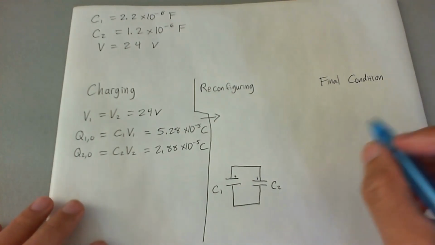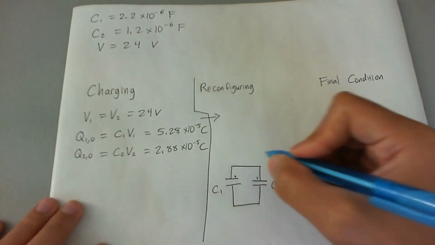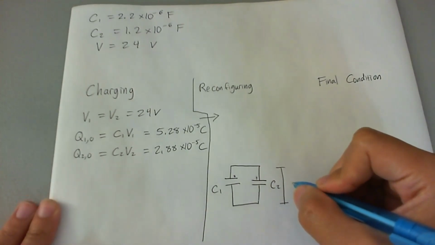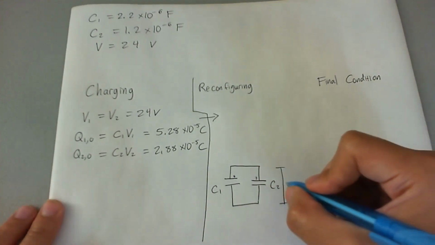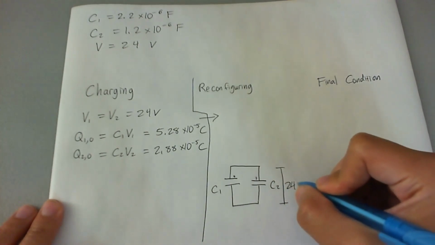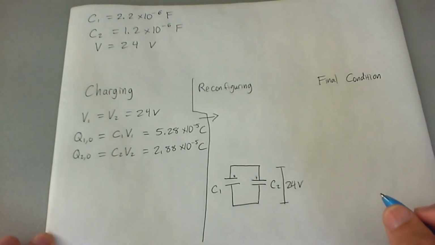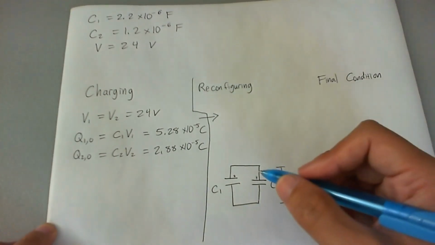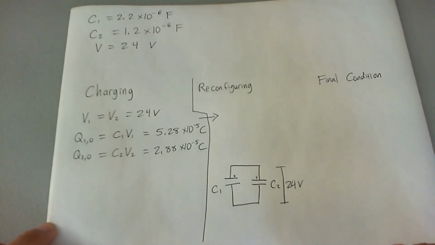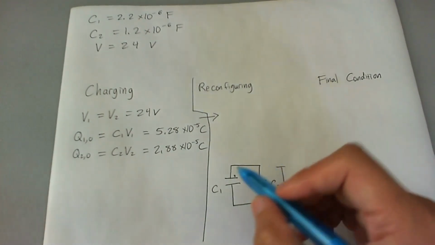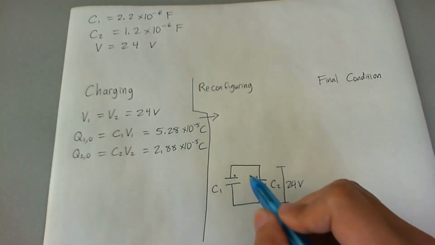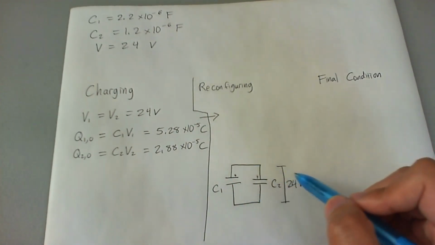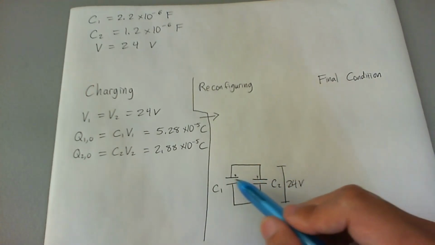So one thing we do know for certain is that the voltage across them, right when we hook them up, will remain at 24 volts. And then from there on, it's a temporary equilibrium. It's going to redistribute the charge, and then the voltage will drop because of that redistribution of charge.